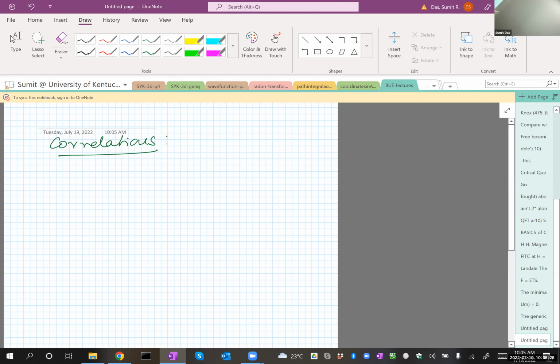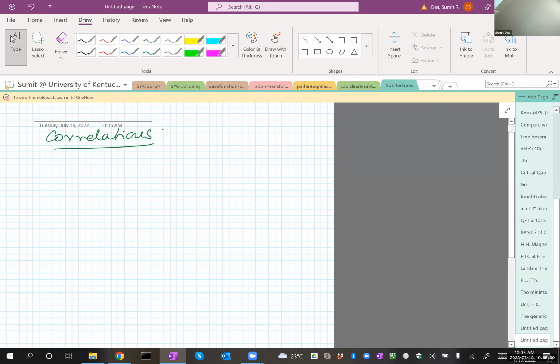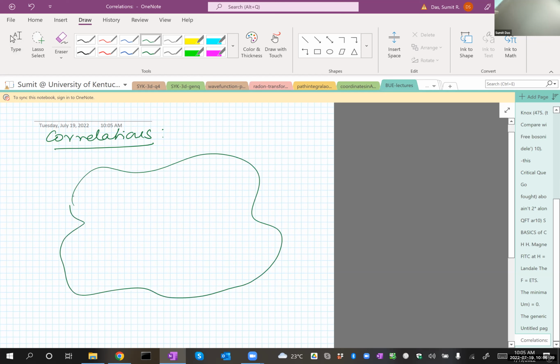I'll first describe the meaning of correlations in qualitative terms. You have a sample, and suppose you are in the magnetized phase. So there are these little dipoles here, which are by and large aligned like this. Some of them are like that, but overall, they all align in some direction.